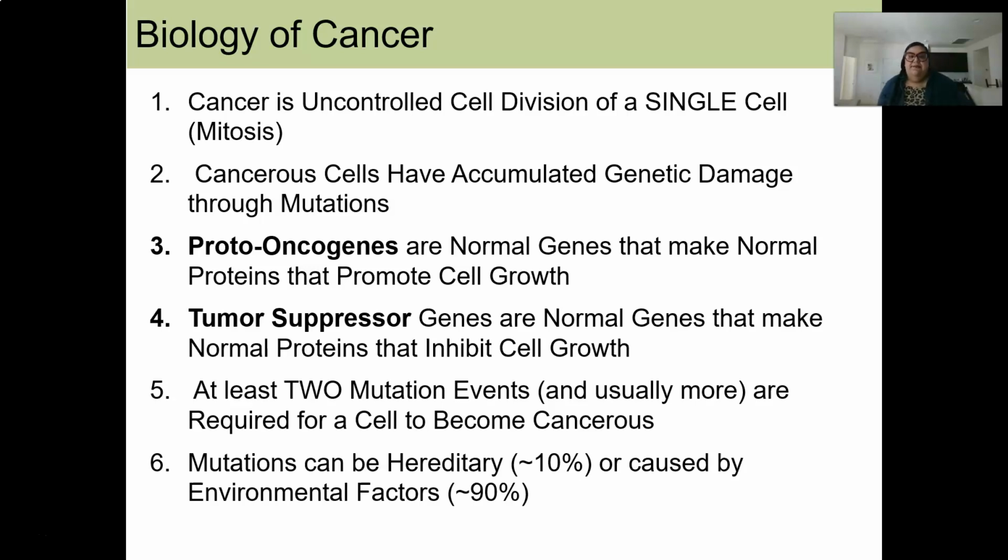Number 5, at least 2 mutation events, and usually more, are required for cells to become cancerous.